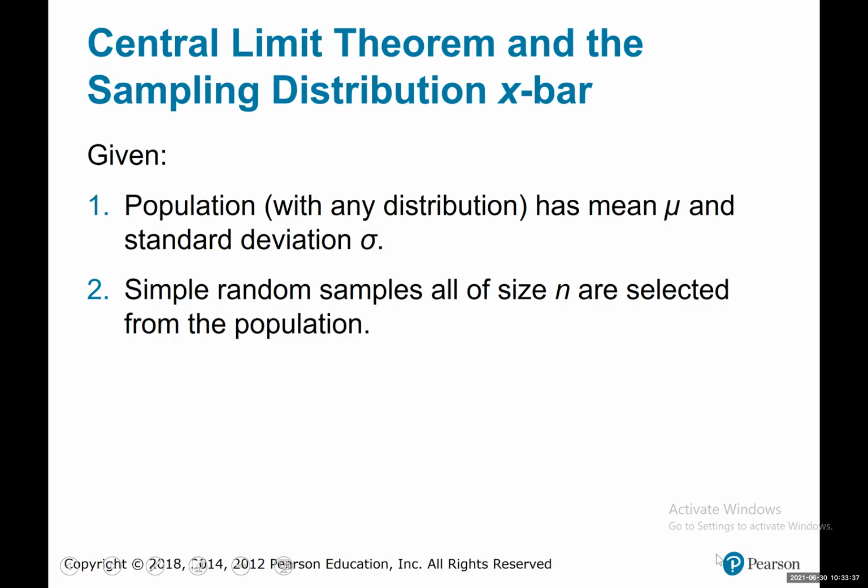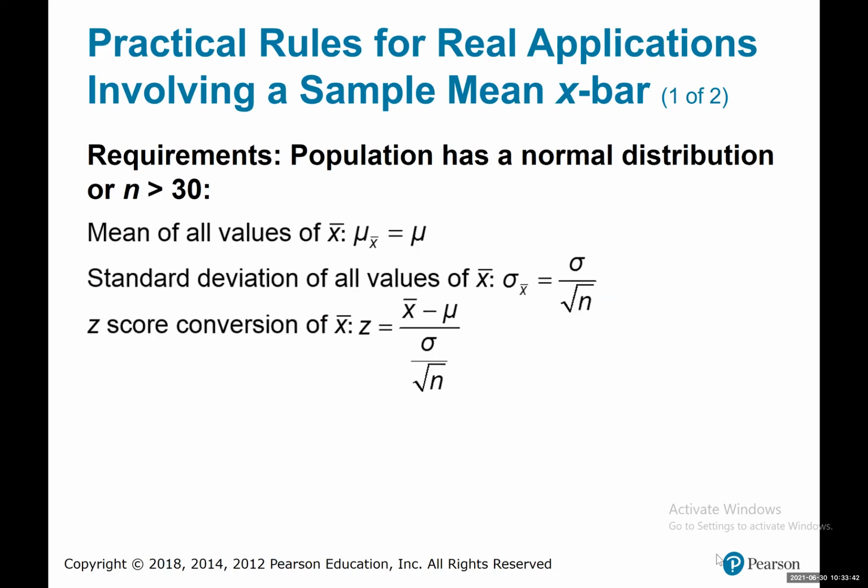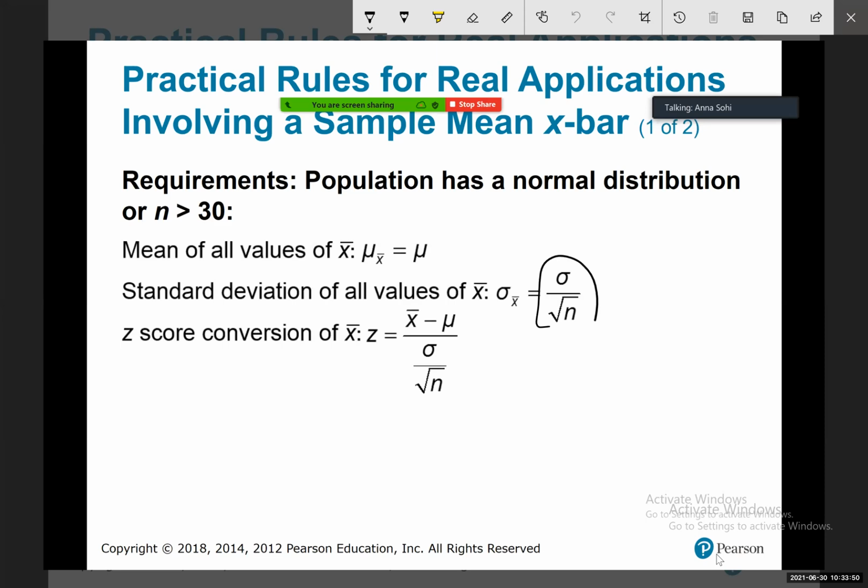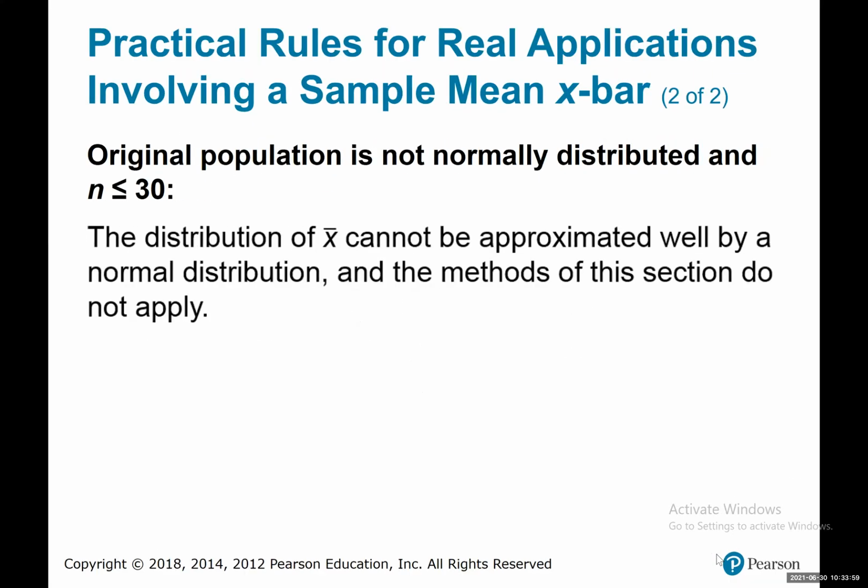If you have mu and sigma, then you need to make sure n is greater than 30. Mu is the same as mu, but sigma needs to be sigma over root n. You don't need the conversion to a z-score. Just mu and sigma over root n.